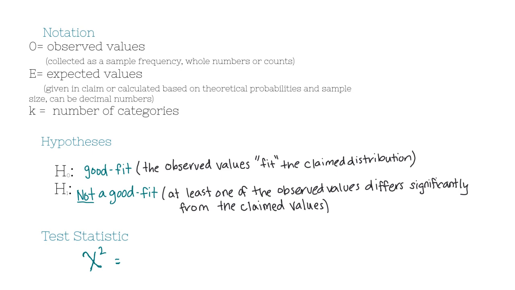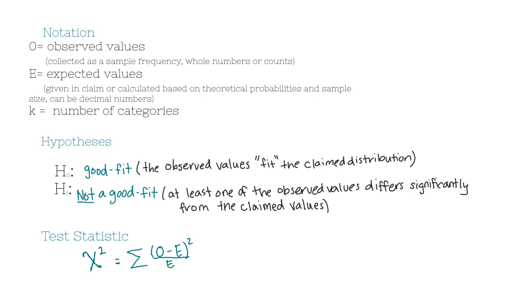So the way that we got around that was to square them. So we are going to take the difference of O and E, the observed and the expected, and we're going to square it. And we're going to do that for each color. So what we do is we add those differences squared together. So we sum them together. But before we sum them together, we have to sort of standardize them by the expected.